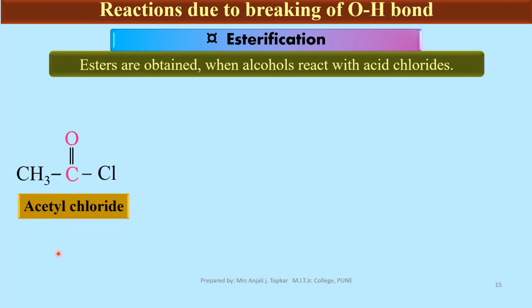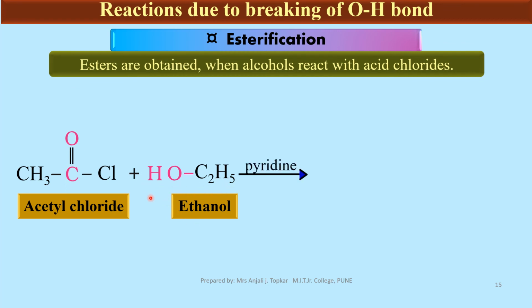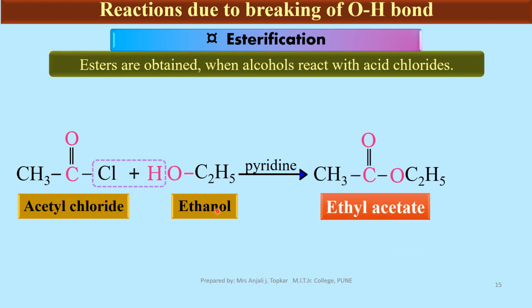Let's see the example. Acetyl chloride CH3COCl, when treated with ethanol C2H5OH in the presence of pyridine, that is base, the highlighted part HCl is removed and the oxygen of C2H5OH forms a bond with the carbon atom, giving rise to the formation of ethyl acetate, that is ester, plus HCl is removed.